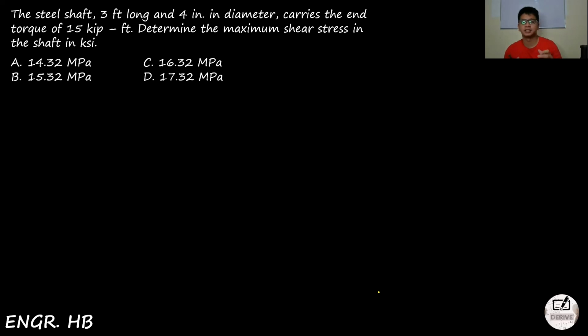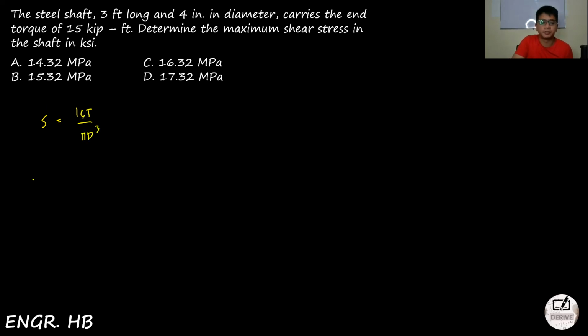So dito naman sa shearing, it involves the punching, the single and the double shear. And syempre, andito rin yung torsional and meron tayong shear stress in beams din. So this is a torsional stress problem. And we all know that the torsion is simply the 16T over pi d cube.